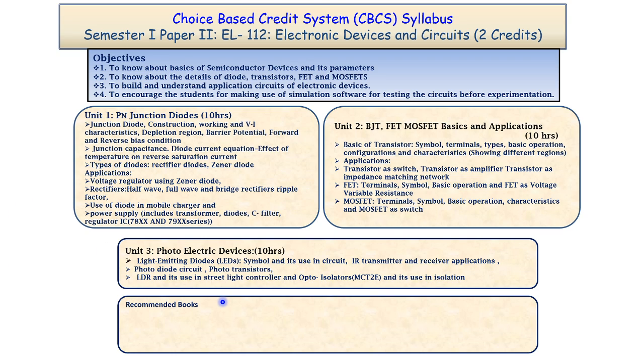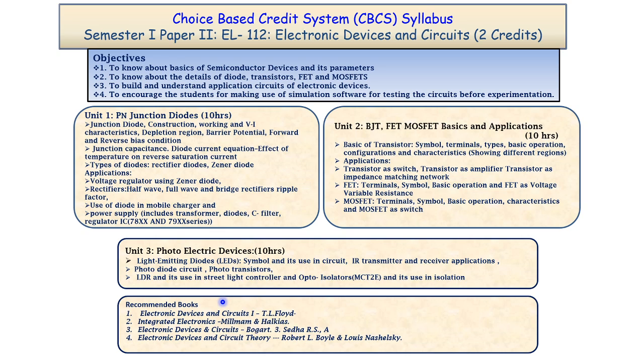Recommended books, that is reference books. The first book, Electronic Devices and Circuits, by Thomas L. Floyd. Integrated Electronics, Millman Halkias books. Electronic Devices and Circuits, that is Bogart and Sneha RS books.